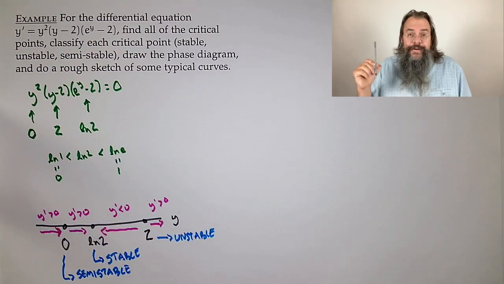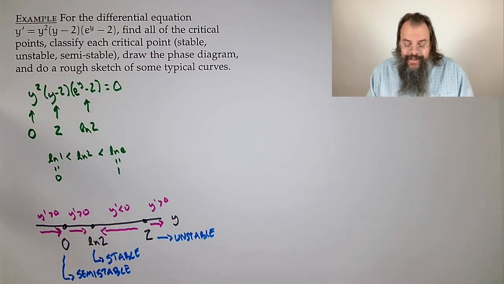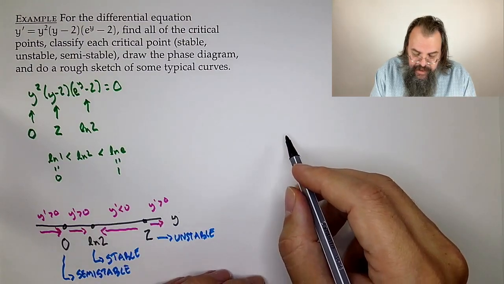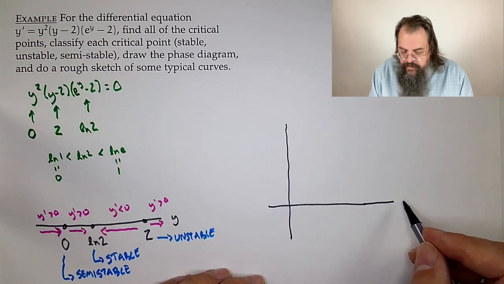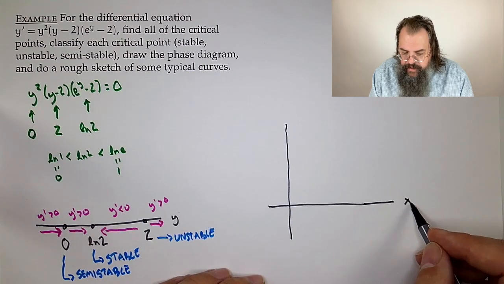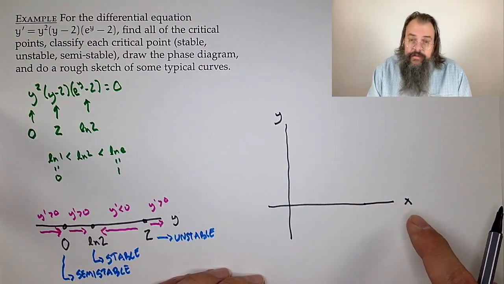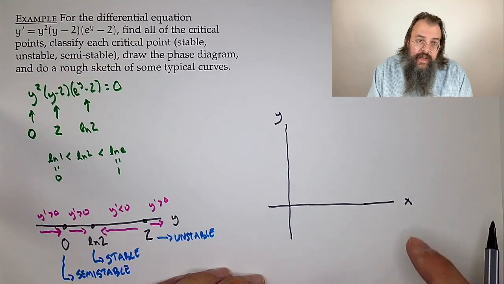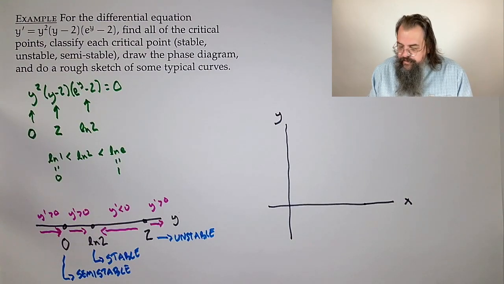Okay, so we're not quite done yet. We have to do a rough sketch of some typical curves. Now, what does that mean? Well, we're going to plot here. So here we have our x-axis. Here we have our y-axis. Now, we're just assuming the variable that we didn't have listed as x might be t. Well, that doesn't matter. It's just our other variable.